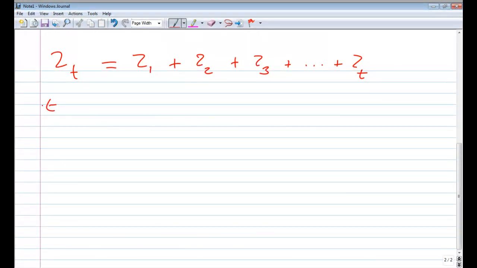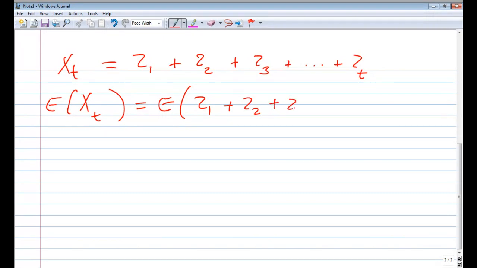So expected value of, sorry, it's Xt not Zt, Xt equal to Z1 plus Z2 plus Z3 up to Zt. So the expected value of Xt is equal to the expected value of Z1 plus Z2 plus Z3 plus up to Zt.